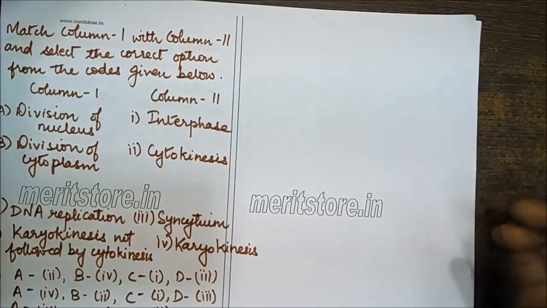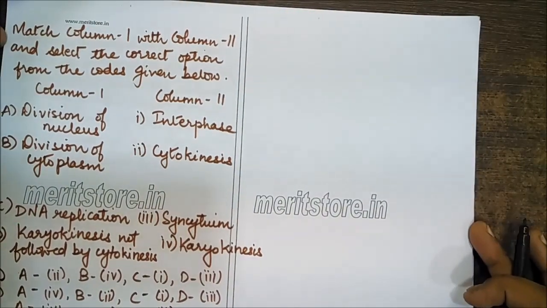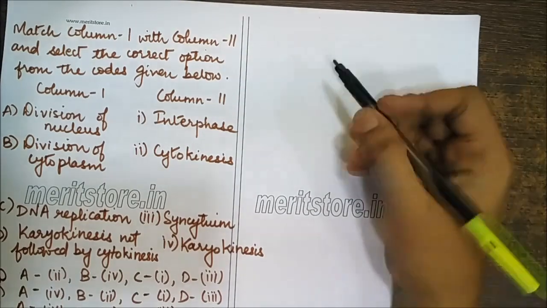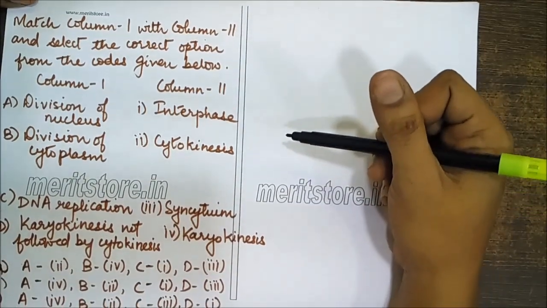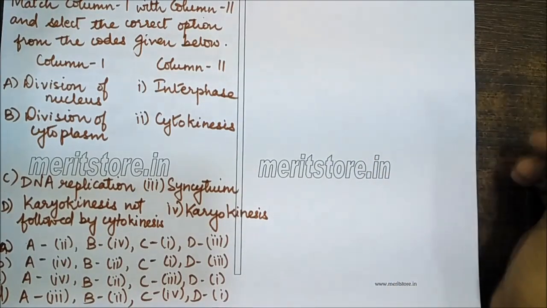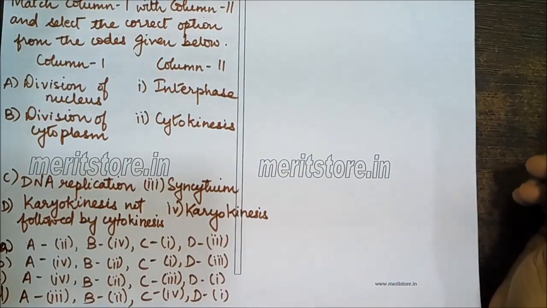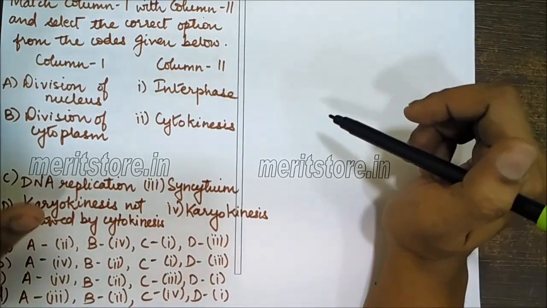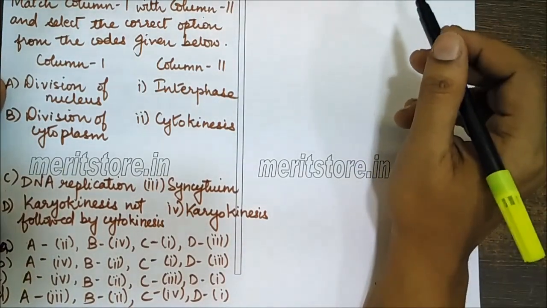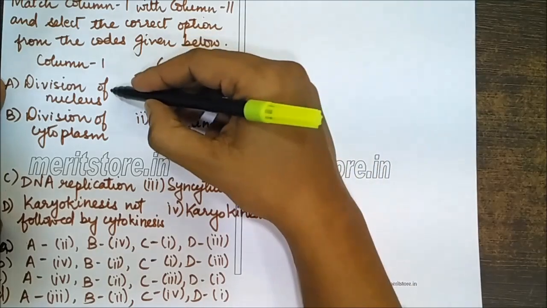Now here we have to match column 1 with 2 and select the correct option from the codes that are given below. So let's see the correct sequence. The division of nucleus is called as karyokinesis.